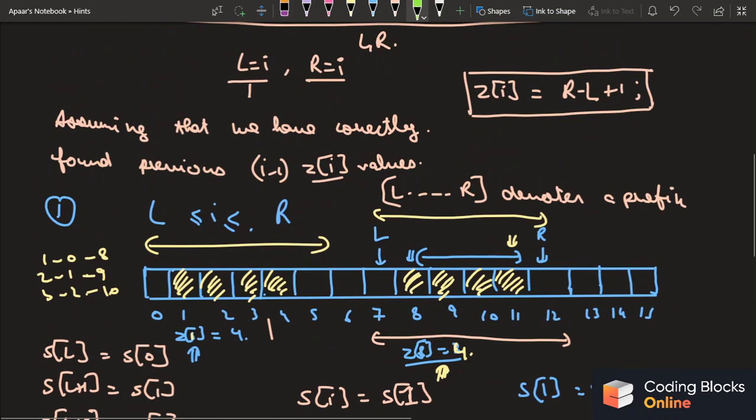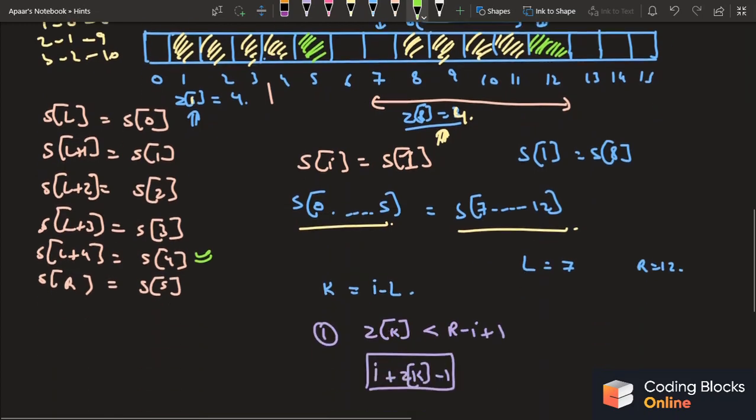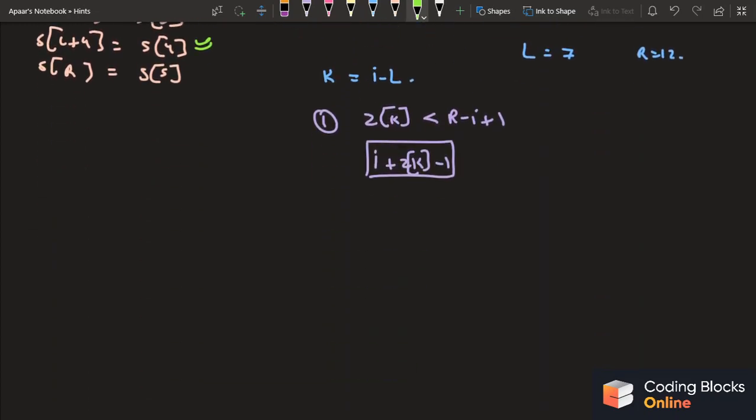Again I will repeat the same thing. If it ends somewhere before R, then we already know that yes, there is an index which does not match with the prefix. That means we can stop over here, right? So if it ends somewhere before R, then simply what I'll do is Zi equals Zk, right?